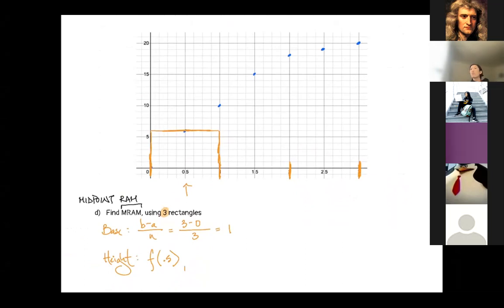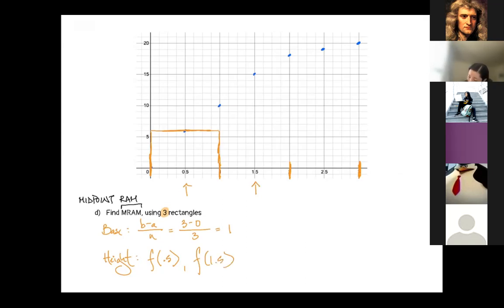Like f of what will give me the height of the second rectangle? Yeah, again, we choose the middle value, f of 1.5.